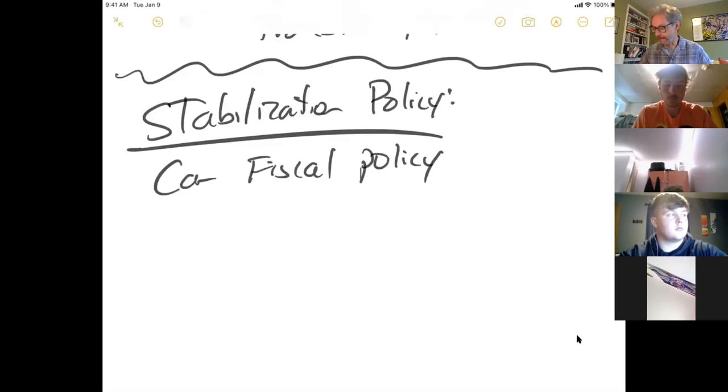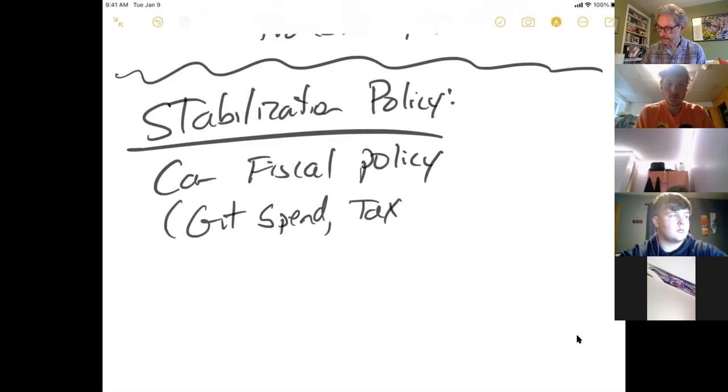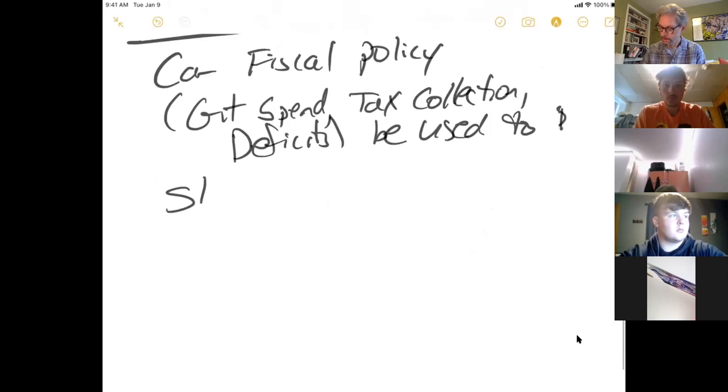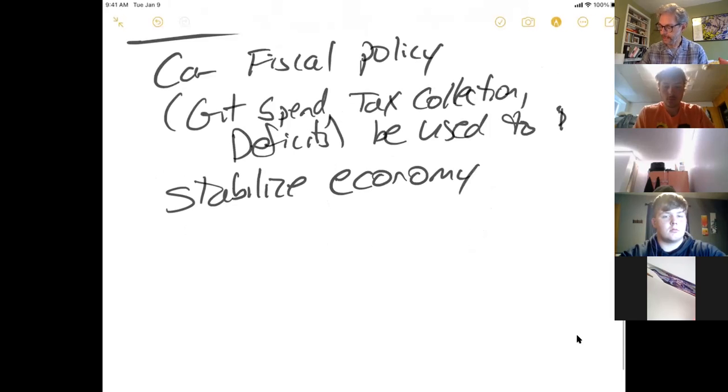So can fiscal policy, and by fiscal policy, let's be clear what we mean: government spending, tax collection, deficits, be used to stabilize the economy and minimize business cycles?